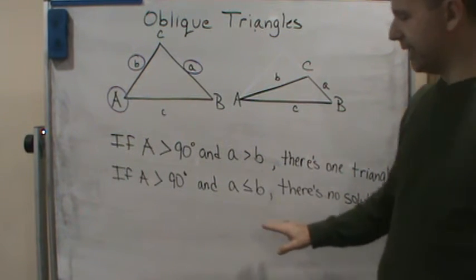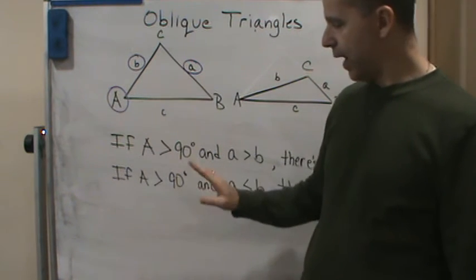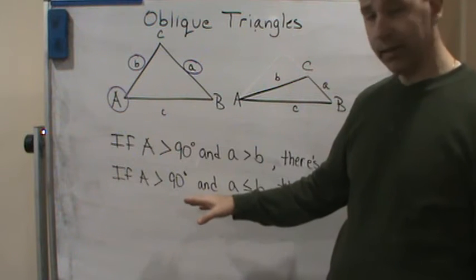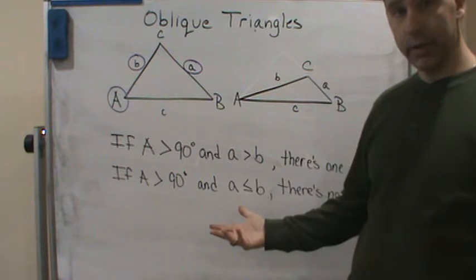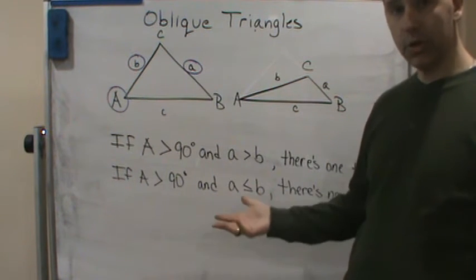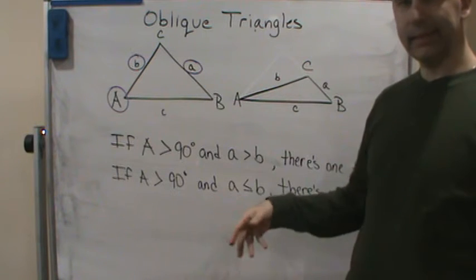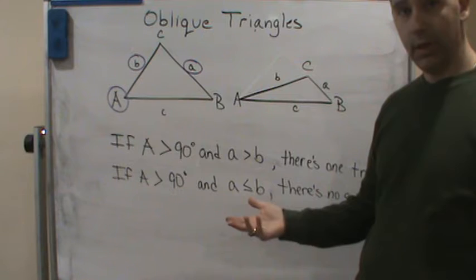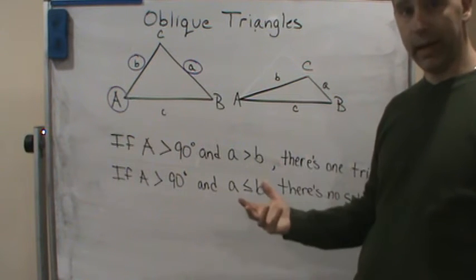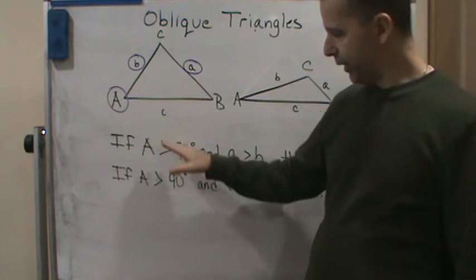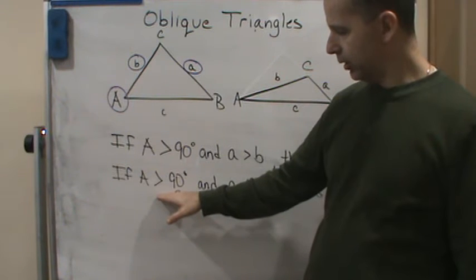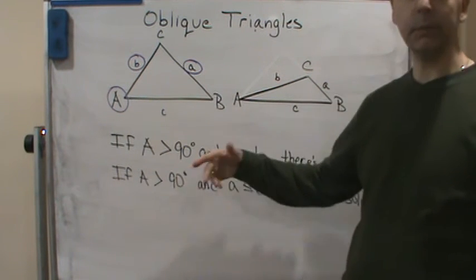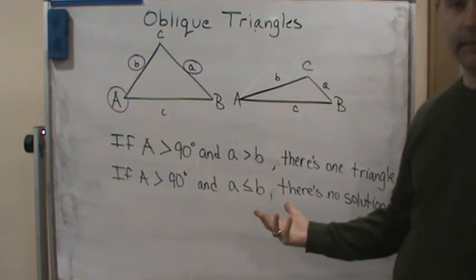And the reason why this is, by the way, is think about it. For triangles, remember, the longest side is always across from the largest angle. And since there can only be at most one obtuse angle within a triangle, then we know that if we have an obtuse angle, then side A must be larger than the other two sides.